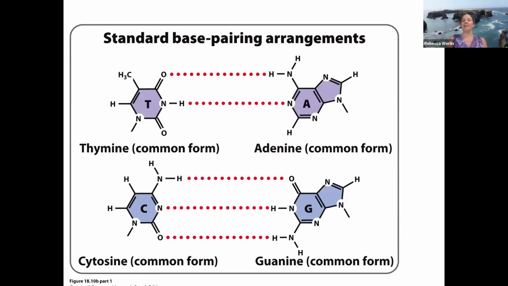Generally, adenine hydrogen bonds with thymine with two hydrogen bonds, and guanine hydrogen bonds with cytosine with three hydrogen bonds. And as you can see here, the only way that these four bases can align is that thymine and adenine line up so that the partially positively charged hydrogen is aligned with the negatively charged oxygen, and the partially negatively charged nitrogen is aligned with that partially positively charged hydrogen.